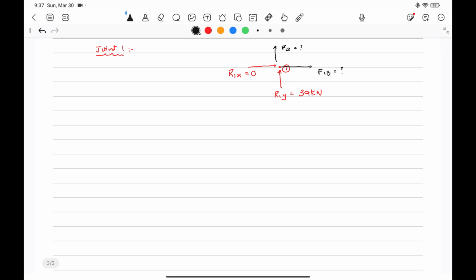What do our equilibrium equations say? Please follow carefully. Equilibrium implies sigma Fx is equal to 0 and sigma Fy is equal to 0. Don't bother about any sign convention. First apply this formula, that's all.